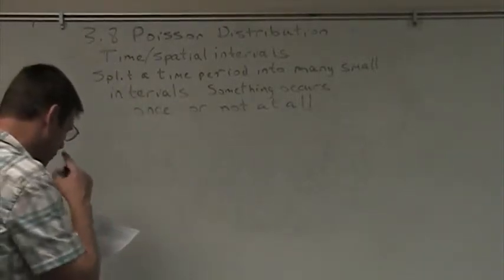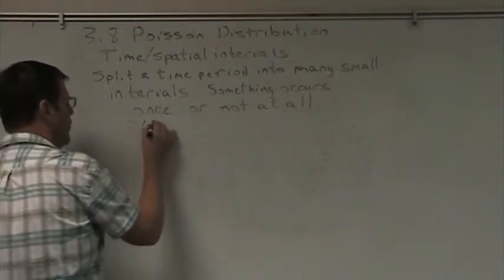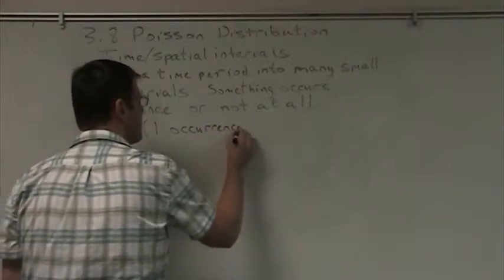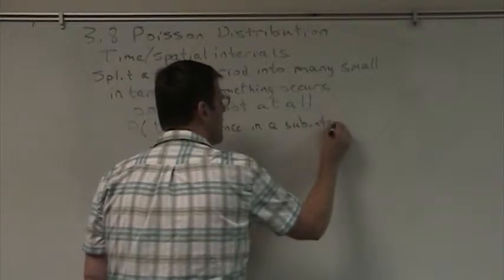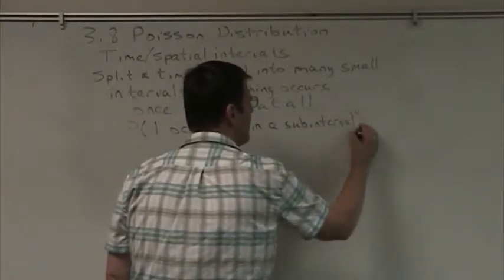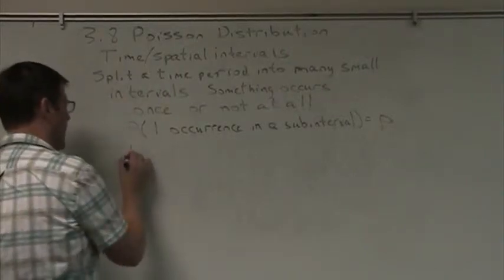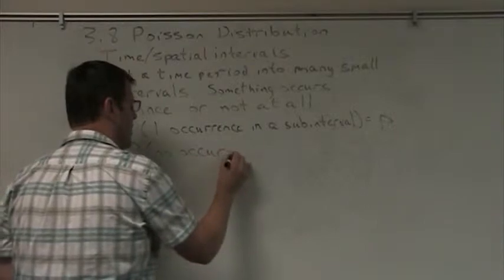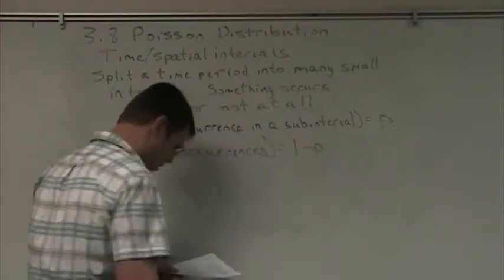So the way that we work this here is the probability of one occurrence in the subinterval is going to be equal to lowercase p, and the probability of no occurrences is going to be 1 minus p.